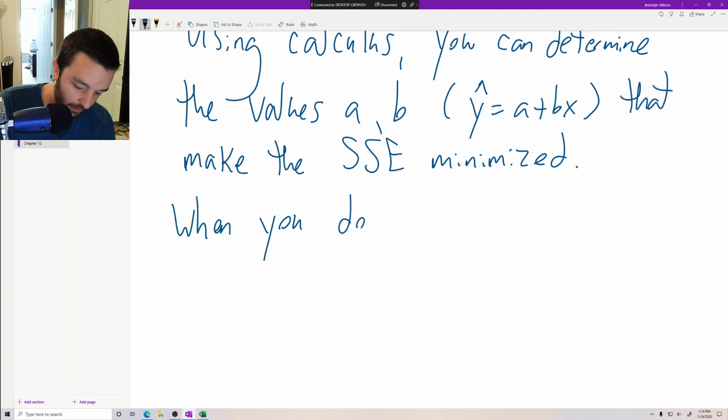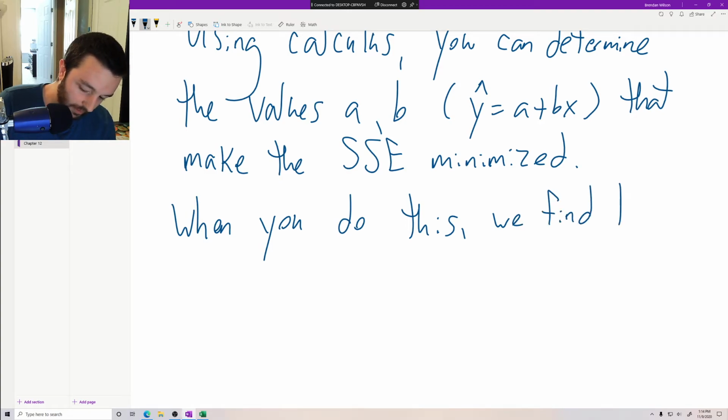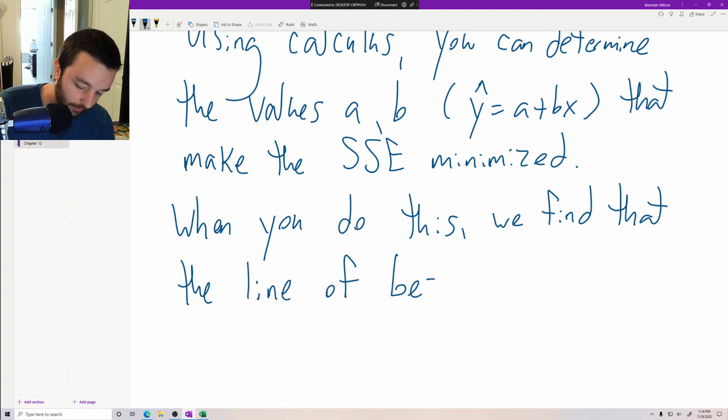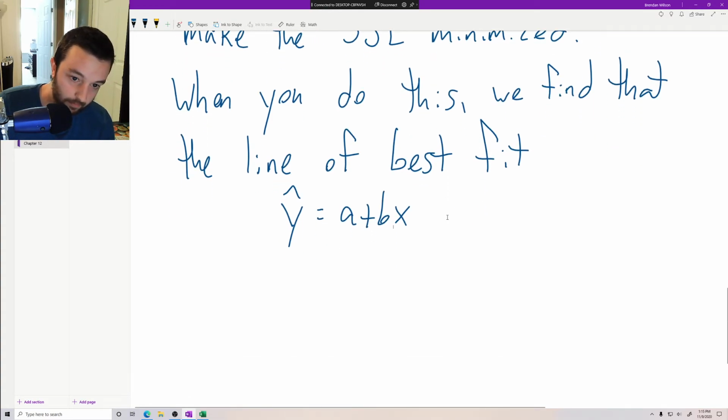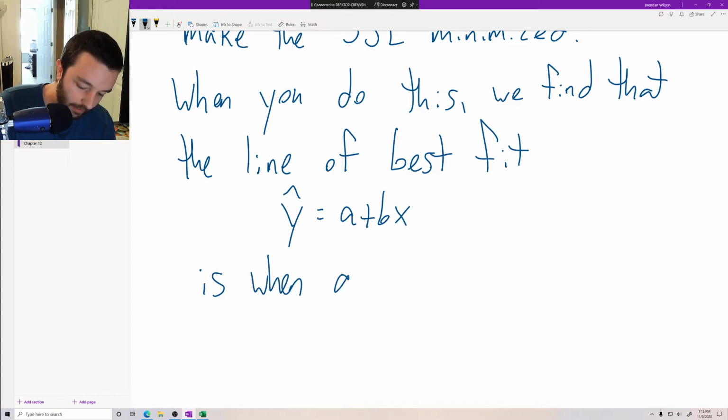When you do this, we find that the line of best fit, y hat equals a plus bx, is when a is equal to y bar minus b x bar.